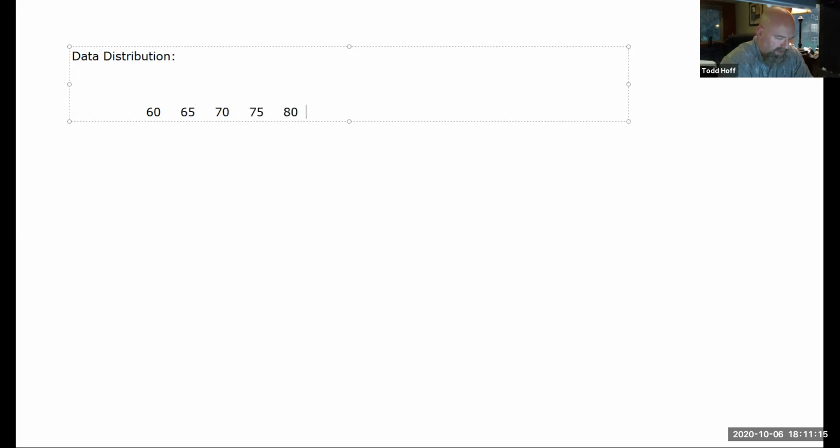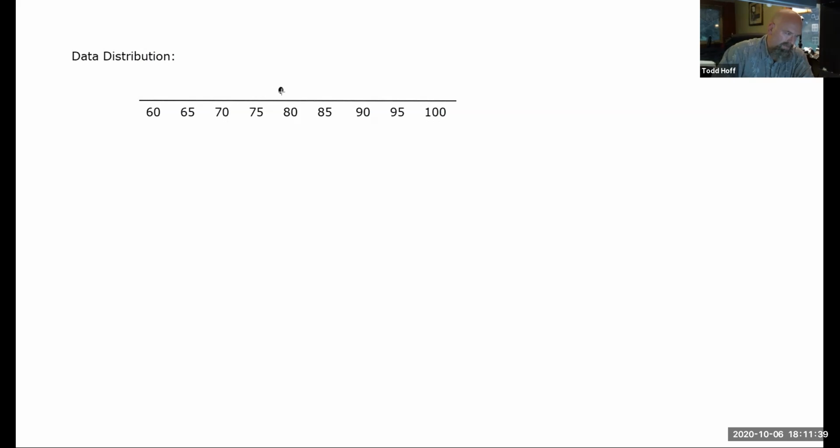Let's look at test scores. So let's say that for a given test, nobody scored below a 60 or above a 100. So we're going to make a number line that is numbered from 60 to 100. And we're going to put dots on here for the scores. Let's say our first student scores 79.